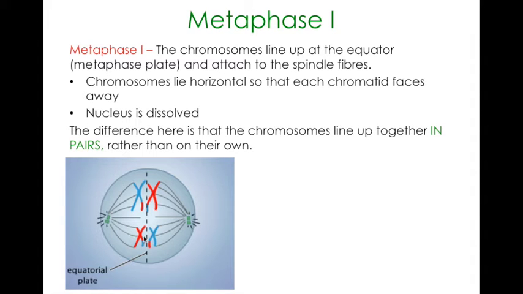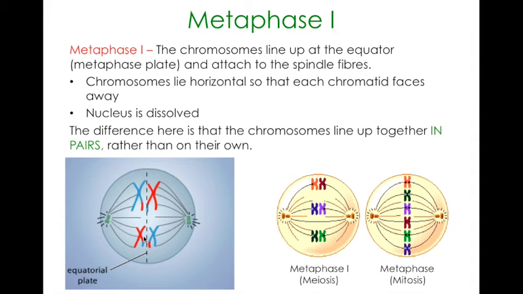How is that different from mitosis? Well, in mitosis, they line up singly along there, and then each one will be split in half right down the middle and move to their respective sides. However, in meiosis, they line up in pairs, and when the pairs do split up, this whole chromosome will move to one half of the cell, and this whole chromosome will move to the other half of the cell.